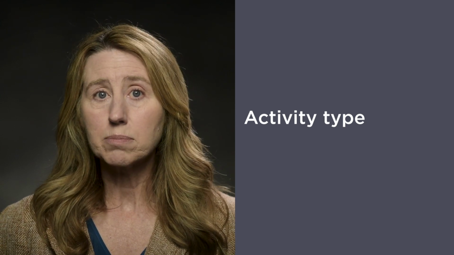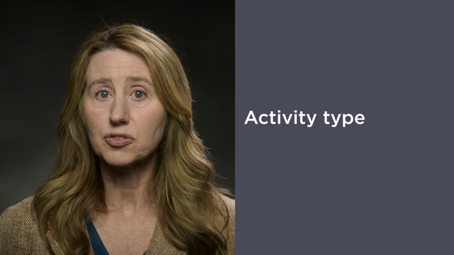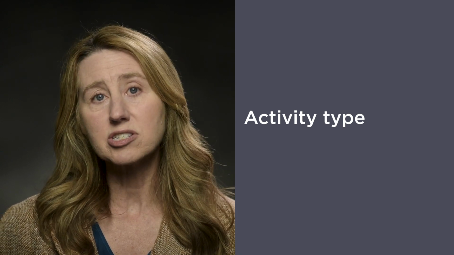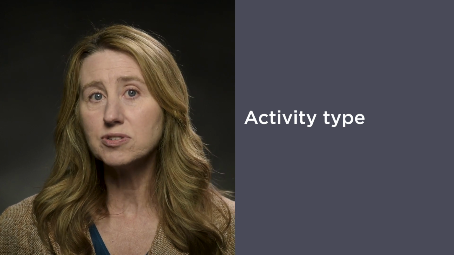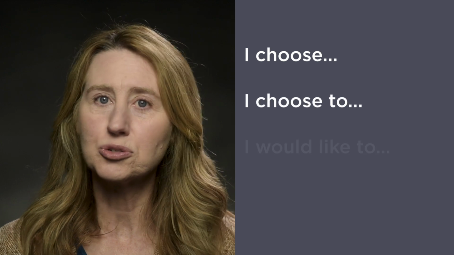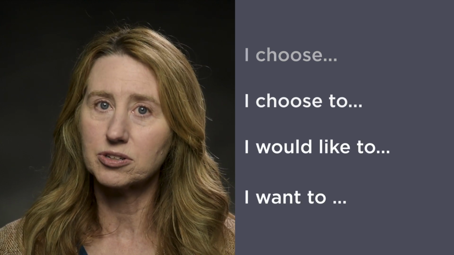If the different options require different materials, for example, paper and pencils for drawing, you could create stations in your classroom where students can find the tools and the information they need to work. For all of these different types of options I just described, you can teach students functional language like these examples. I choose to, I would like to, I want to.